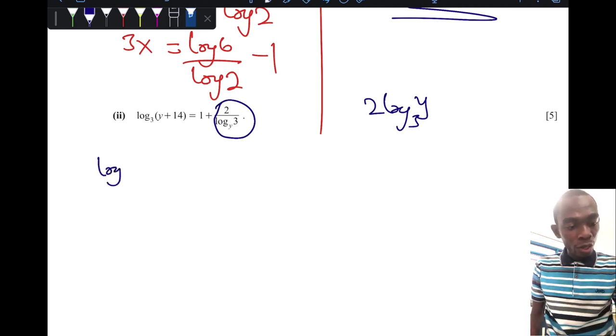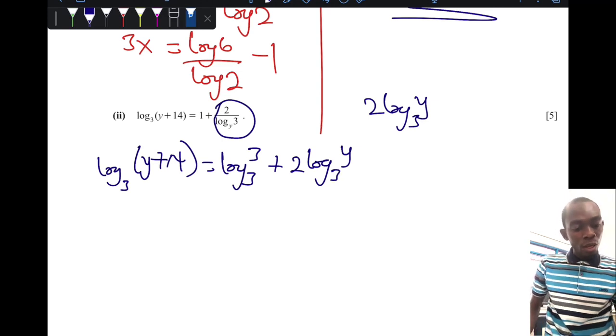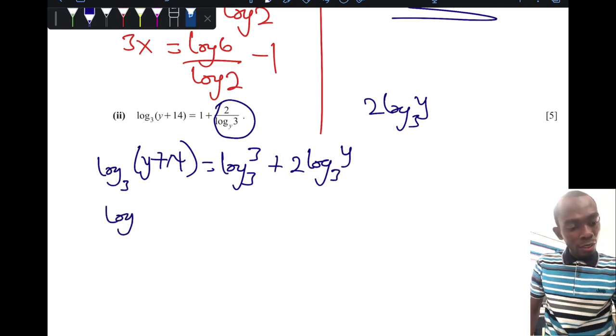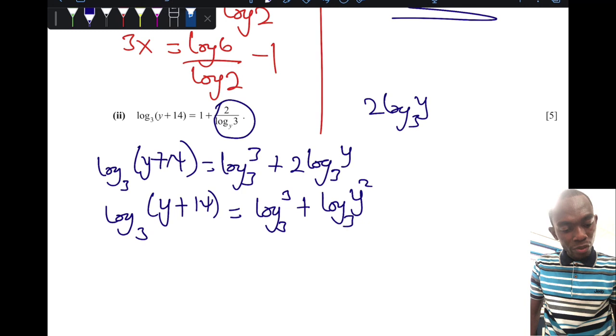We have log y plus 14 base 3 equals 1. That one, I'll make it log 3 base 3 plus log y squared base 3. So I'll have log y plus 14 base 3 equals log 3 plus log y squared base 3.